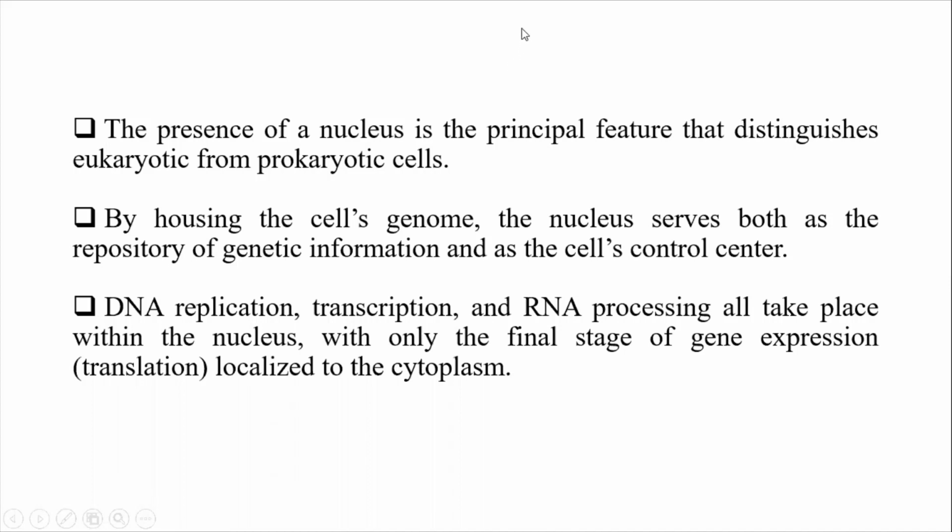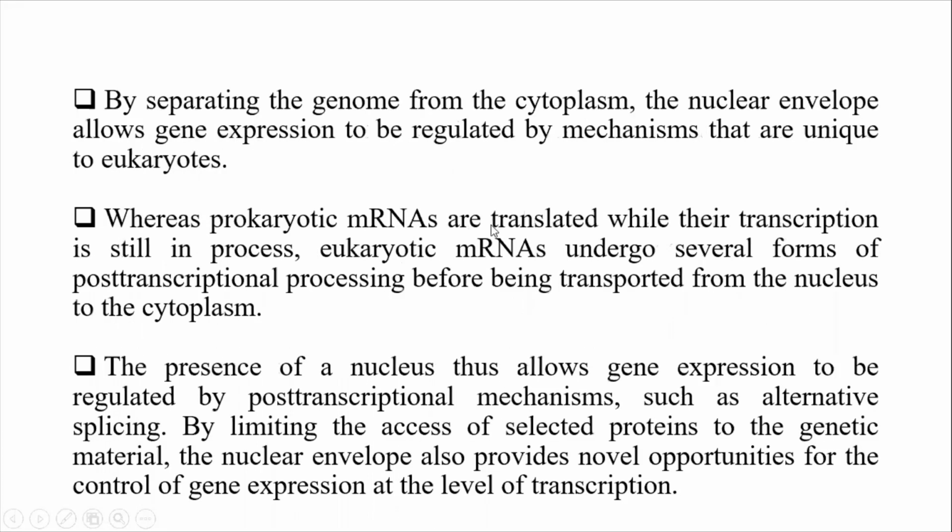DNA replication, transcription, and RNA processing all take place within the nucleus, with only the final stage of gene expression, that is translation, happening in the cytoplasm. By separating the genome from the cytoplasm, the nuclear envelope allows gene expression to be regulated by mechanisms that are unique to eukaryotes.